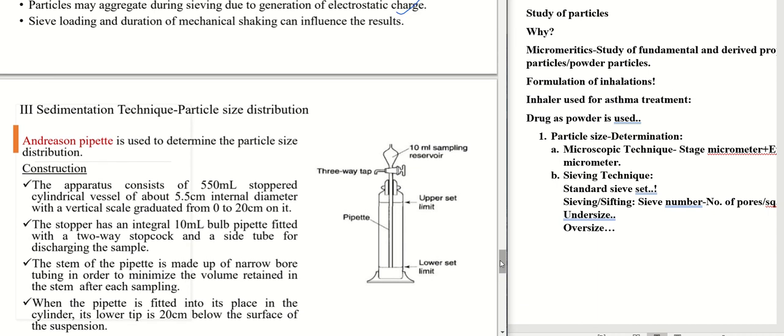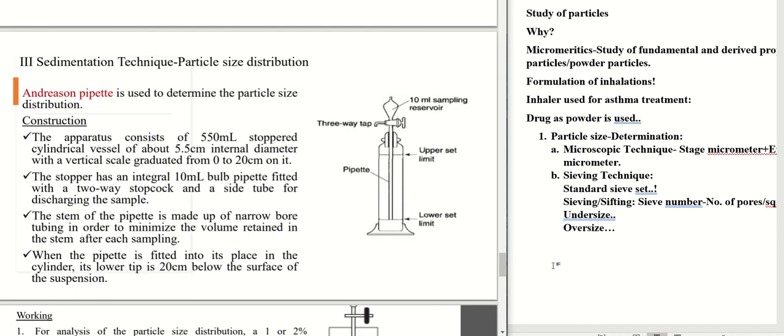And the third technique is the sedimentation technique. In this technique, the name itself indicates we will be making use of sedimentation as the working principle.